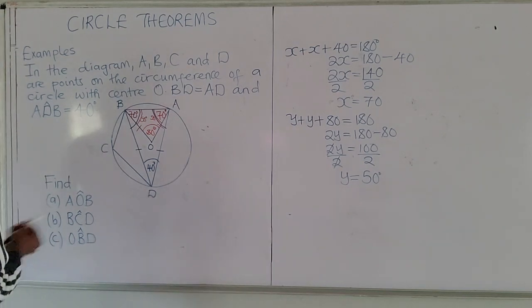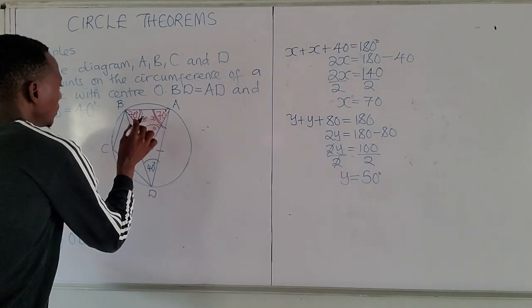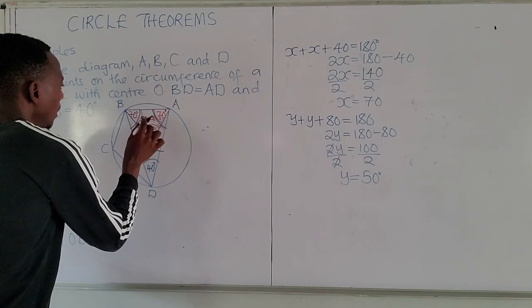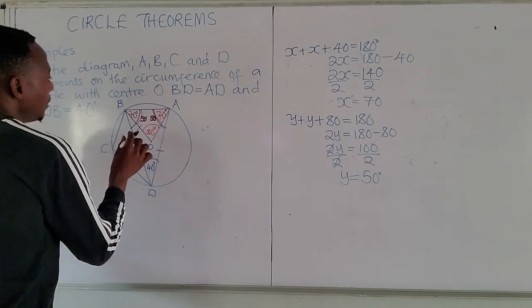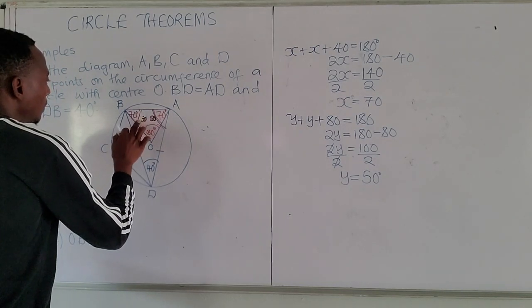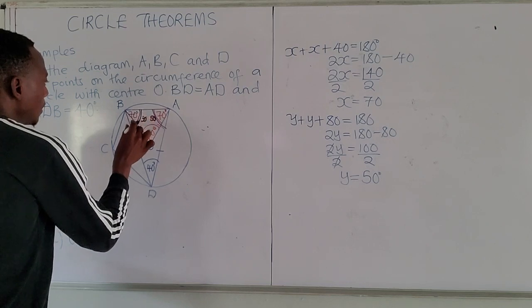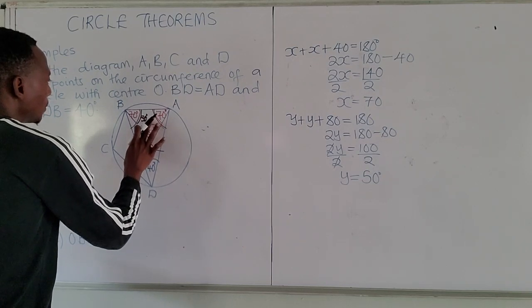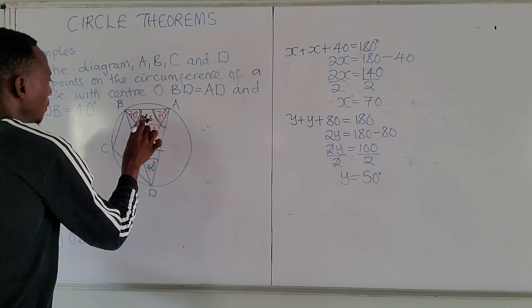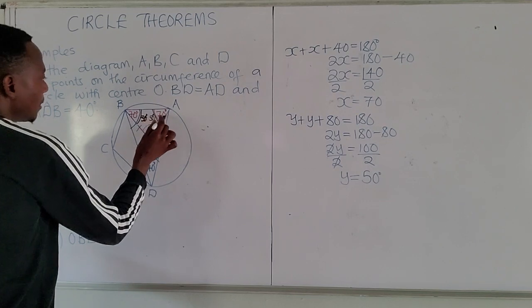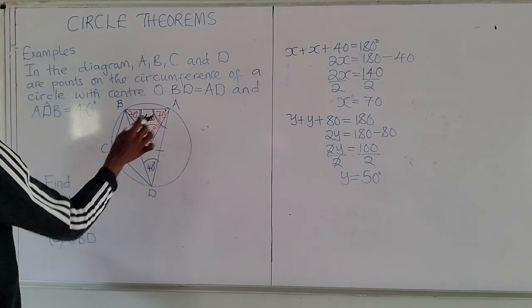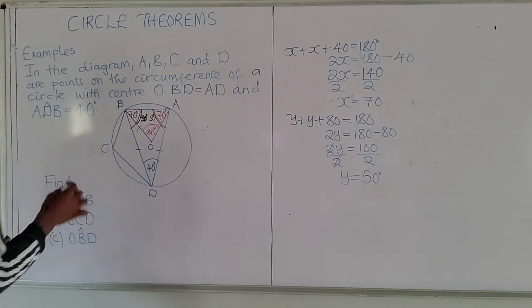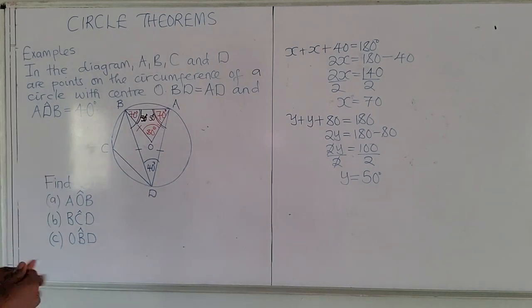Let me use the black marker instead. So we are talking about this angle being 50 degrees. Even this other angle from the triangle with points A, B, and D, those are 50 degree angles.